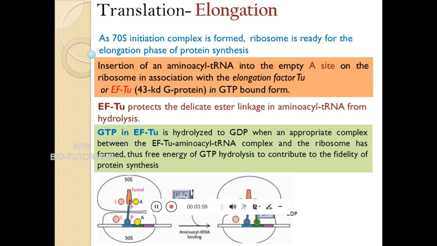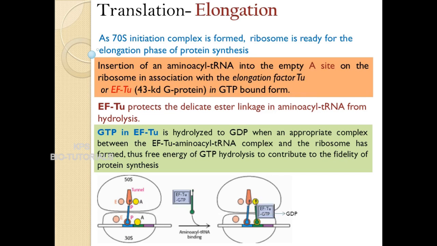Also, EF-Tu protects the delicate ester linkage between the amino acid and tRNA in the amino acid tRNA molecule. You know, the linkage between amino acid and tRNA is an ester linkage, which is a very delicate linkage, so it is protected by the elongation factor EF-Tu.